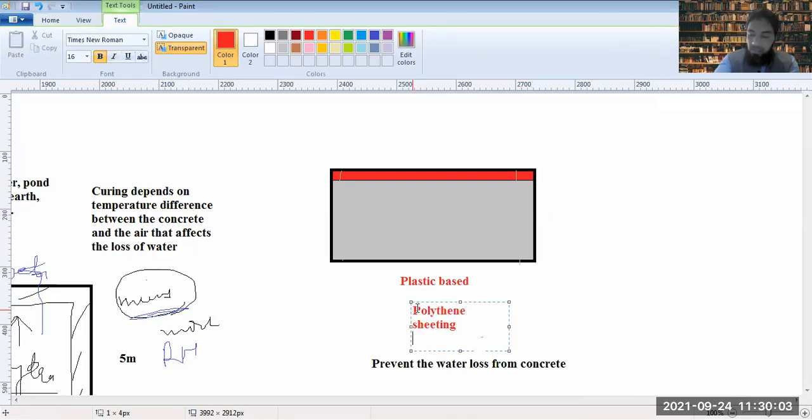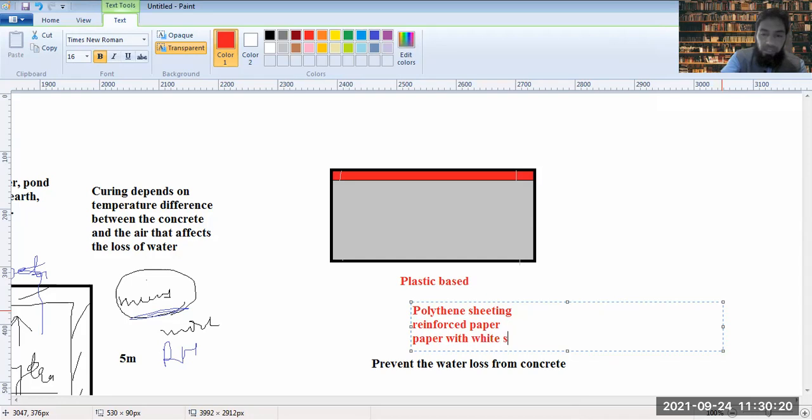You could have reinforced paper, a material that is used for membrane proofing. Then you have paper with white surfaces, because it reflects the sunlight, aiding in less evaporation from the surface.